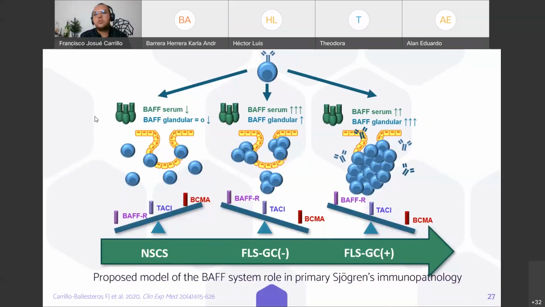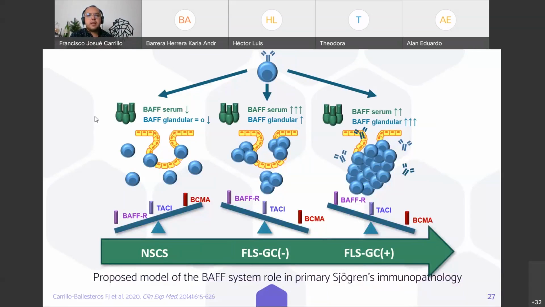So I would like to finish with this proposed model of the BAFF system role in primary Sjogren's immunopathology. As you can tell, there are several findings in the results of this article.